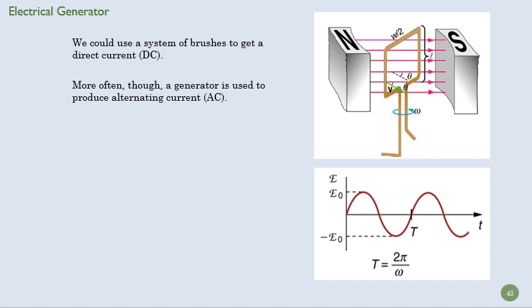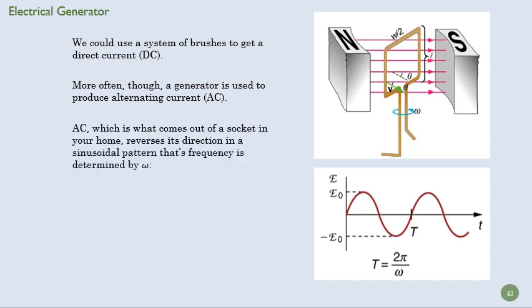If we use brushes, we can get DC current. More often, it naturally produces this nice alternating current, which is what's coming out of your wall. And so it's very usable in that form.